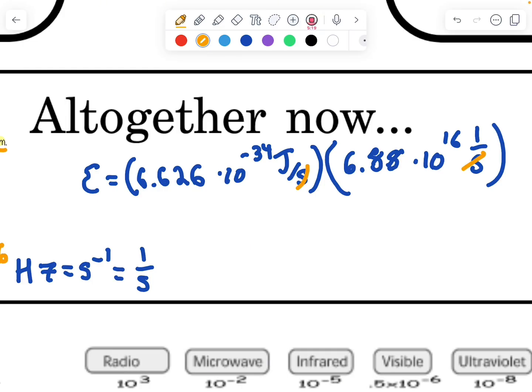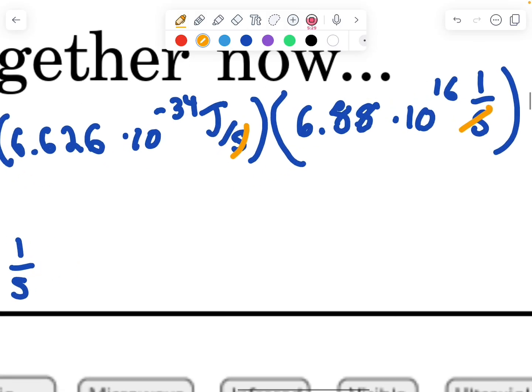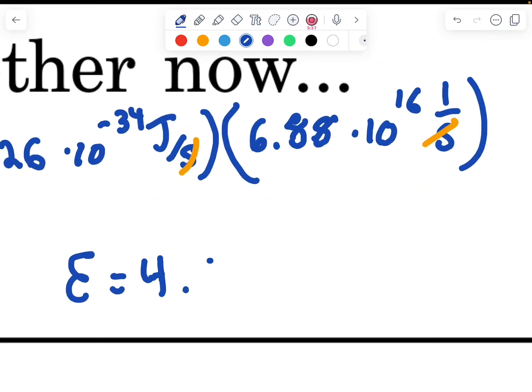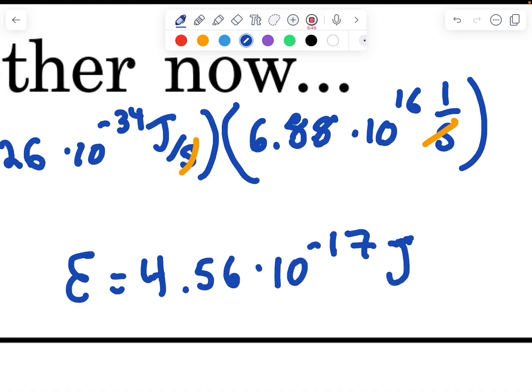Then we're going to multiply by the frequency we just calculated. Pretty simple calculations as long as you understand the variables present. And our energy from our single photon with a wavelength of 436 nanometers is equal to 4.56 times 10 to the negative 17th joules. Awesome.